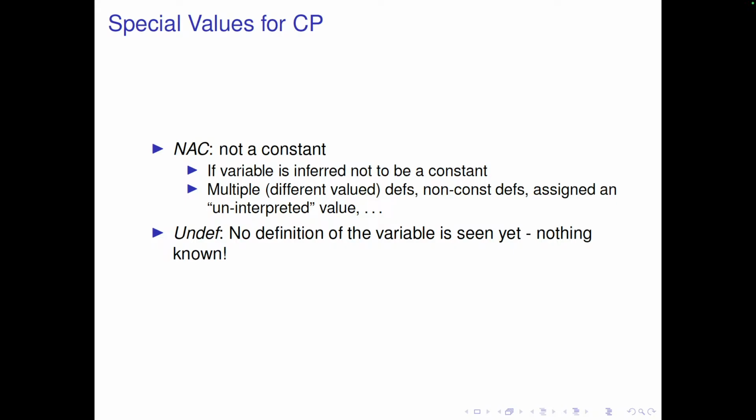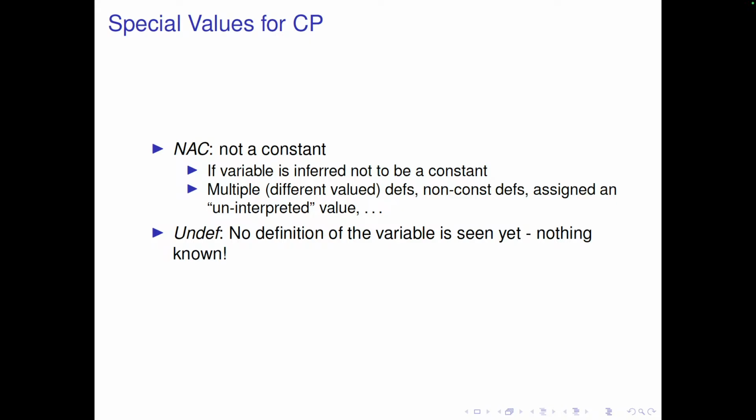Sometimes you have a definition for which you cannot figure out what it is. It could be reading from the user. You are asking the user to give a value, and you don't know what the user is going to give. You do a scanf or an input, so you don't know what the value is. In such cases also you will say, oh, x is a non-constant.